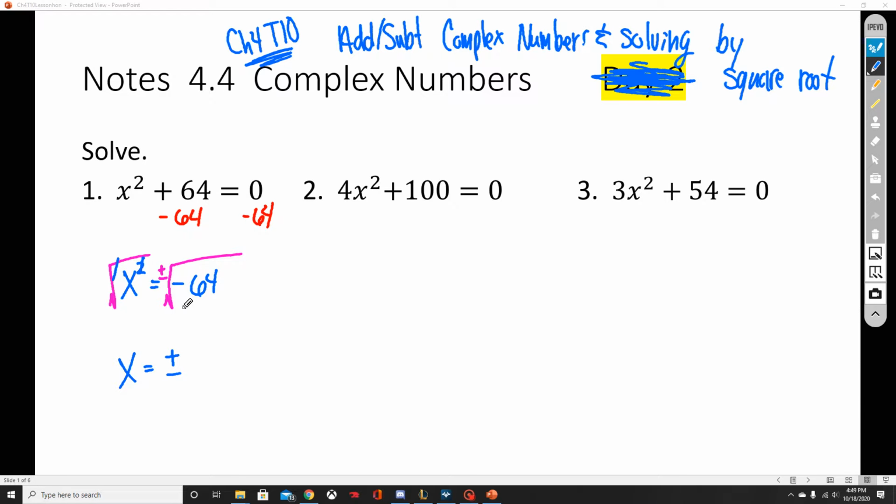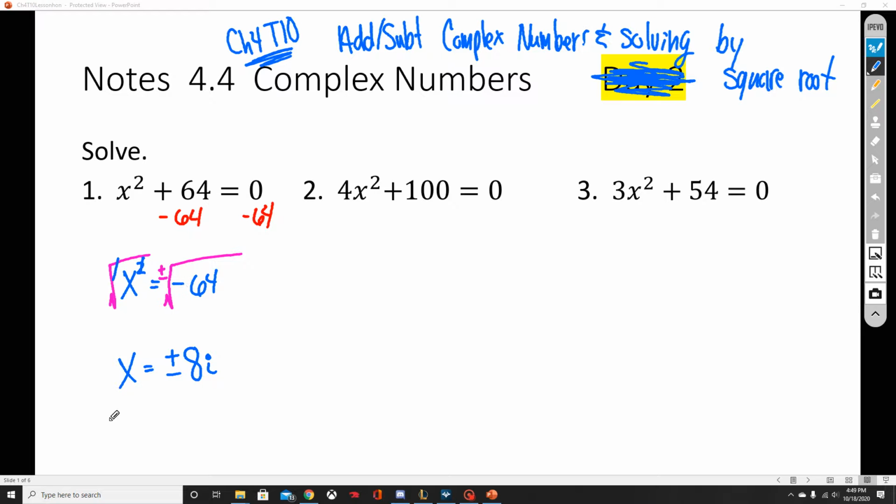If you remember this from the other day, the square root of negative 64 is not 8, but 8i. The i takes care of the fact that it's negative, because this would be the square root of 64 times the square root of negative 1, which is 8 and i, so 8i.